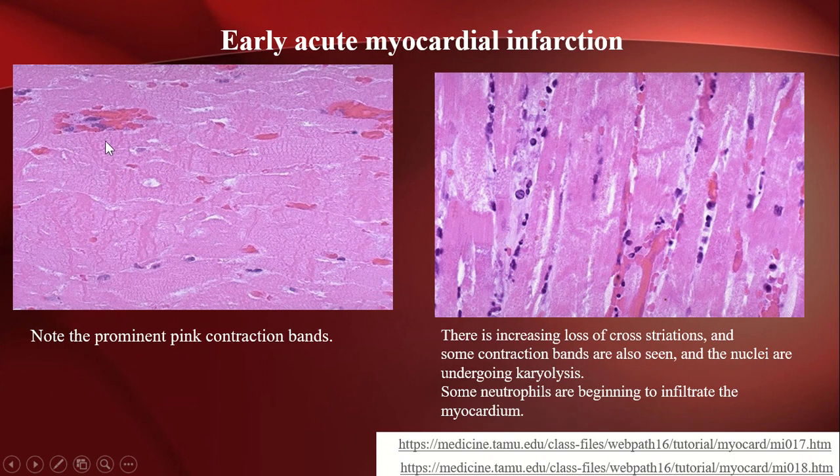Here you see the prominent pink contraction bands, and this is the increasing loss of cross striations. Some contraction bands are also seen, their nuclei undergo karyolysis, and some neutrophils we can find between the cardiac muscle cells that infiltrate into the myocardium.